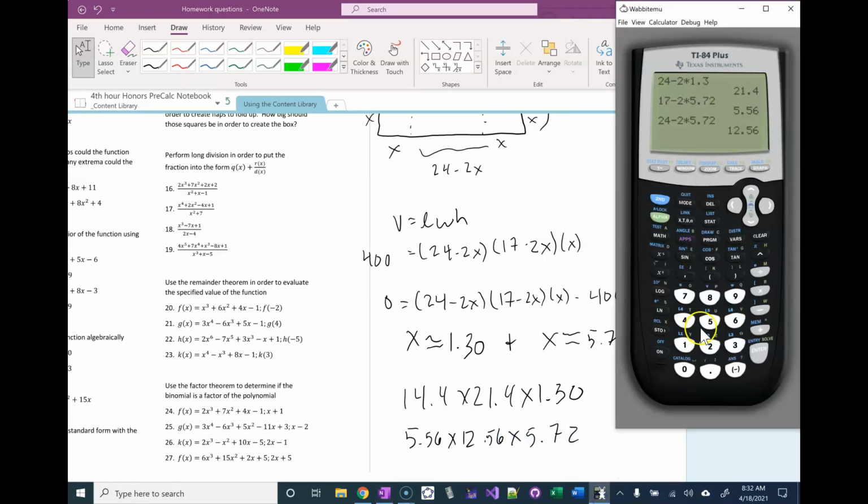So those are the two separate boxes that we could make, and just to confirm, if I go ahead and multiply length by width by height, I should get a volume of approximately 400. It's not exactly 400 because we rounded those values for x. See, almost the exact same. And that's how you do that one.